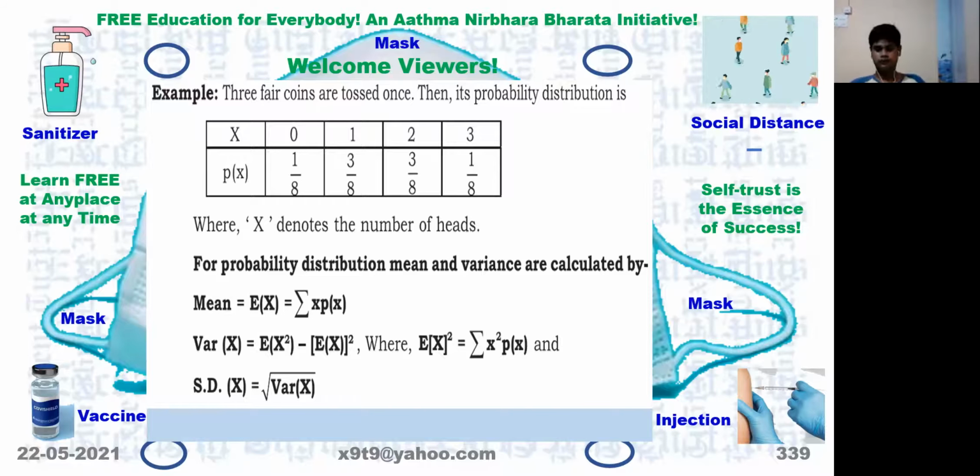So here, next you write, we want to find the mean, variance and standard deviation for this probability distribution. For the given probability distribution, find the mean, variance and standard deviation.